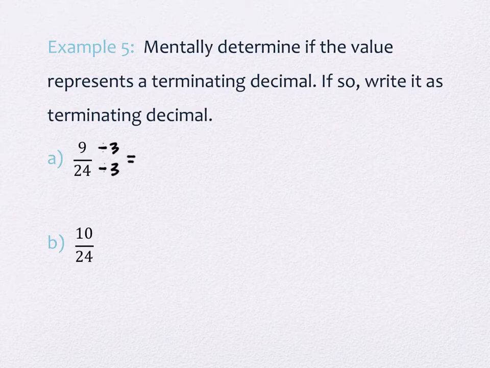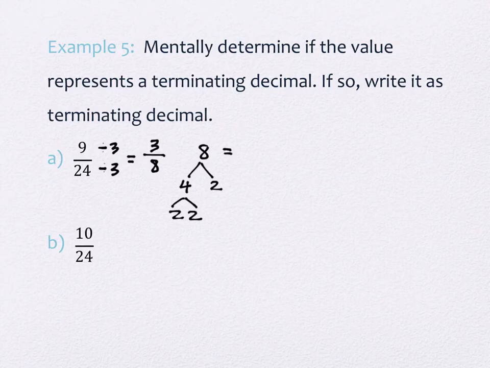So what's 9 divided by 3? 3. And what's 24 divided by 3? 8. Are they in simplest form now? Yes, they are. And then I would take the number 8 and I'll factor it. And you can factor it in whatever form you like. Factor trees is one option. If you do a factor tree, it would look like 4 times 2, 2 times 2.